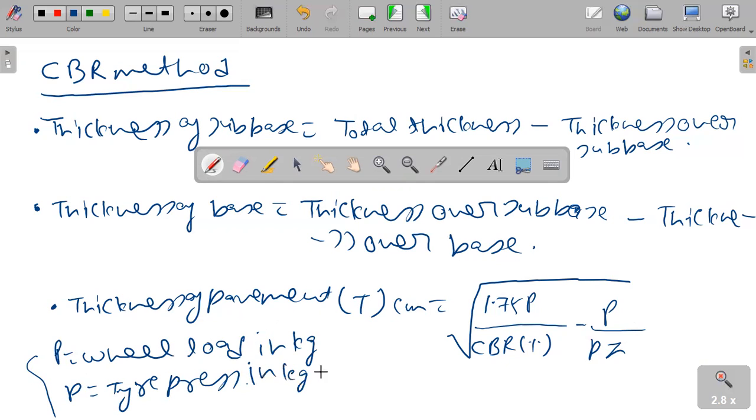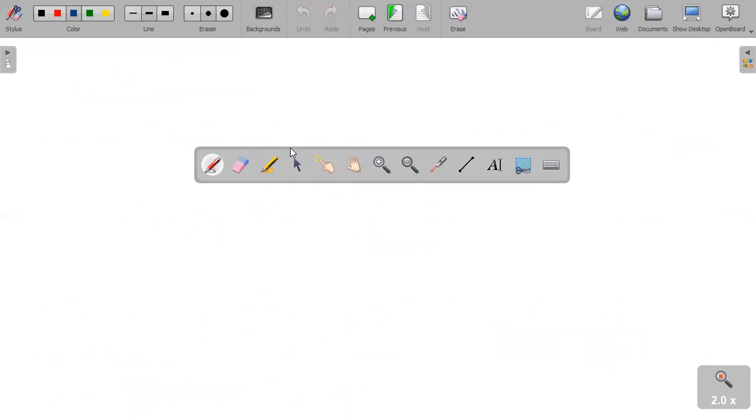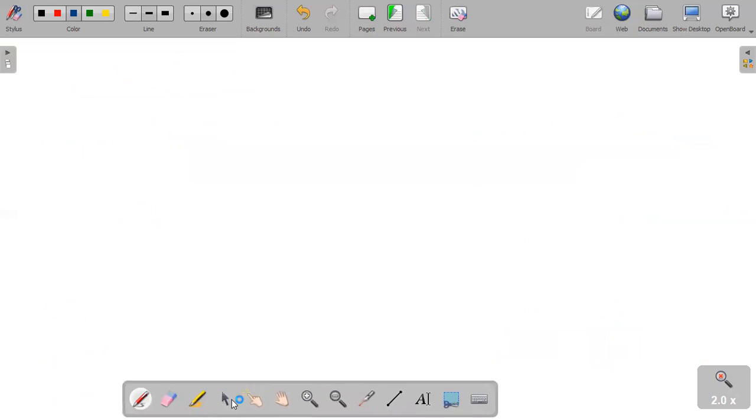So this is all about the CBR method. We have the thickness of pavement value. Now we'll move on to another part of the CBR method, that is the modified CBR method.